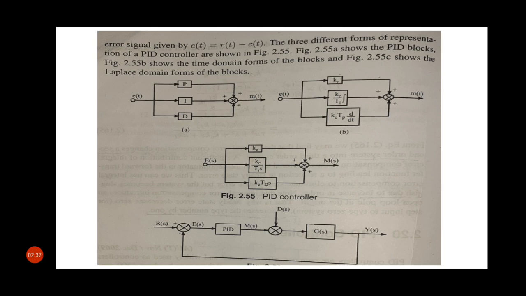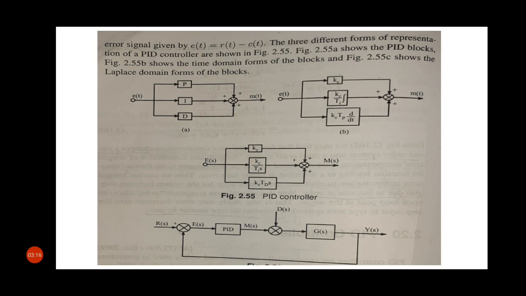The three different forms of representation of the PID controller are shown in figure 2.55, where figure 2.55a shows the PID blocks, figure 2.55b shows the time domain forms of these blocks, and figure 2.55c shows the Laplace domain forms of these three blocks. Okay. The standard block diagram representation of a unity feedback system is shown in figure 2.56.